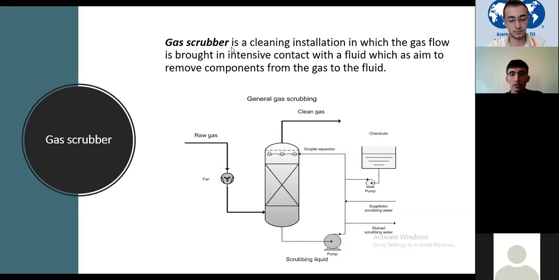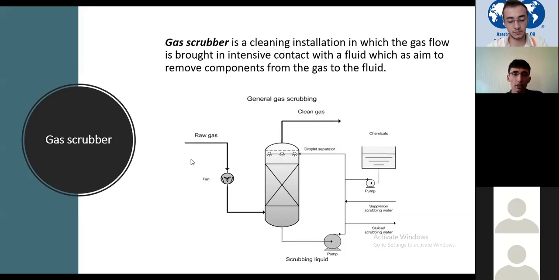We use this scrubber after our unit called the dryer. After drying our product, we get some hydrocarbons, and we get some small tiny particles of polymers. We call them fines.